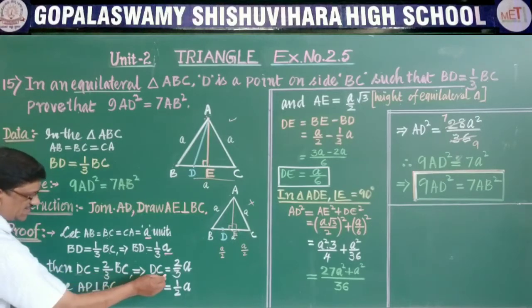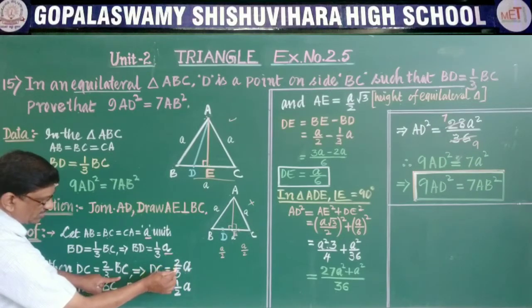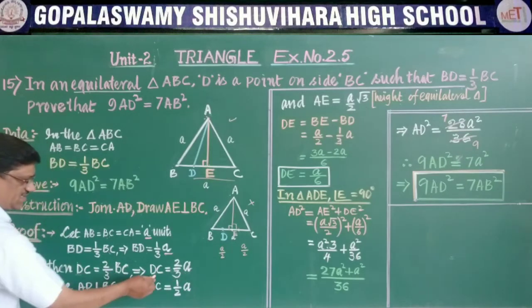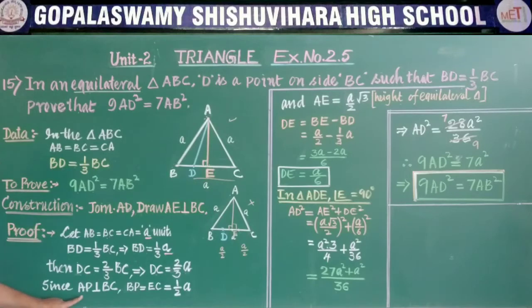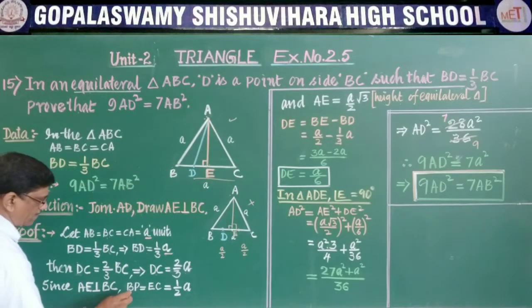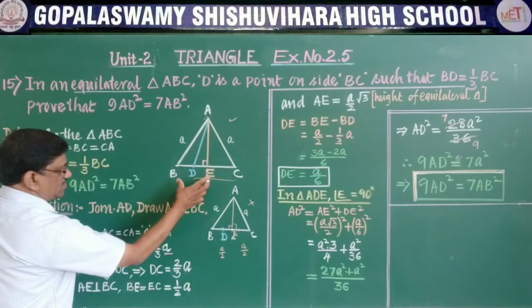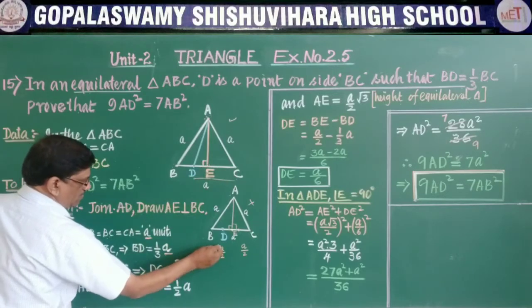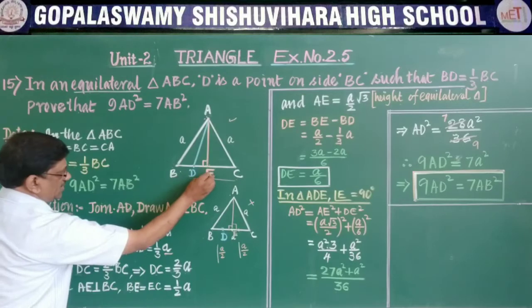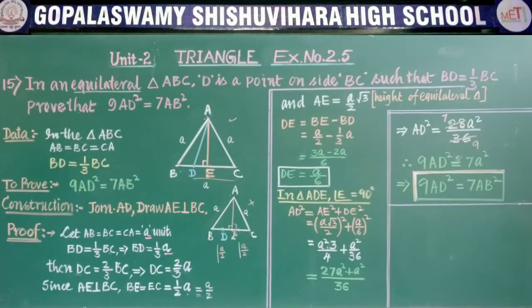This can be written as DC is equal to 2/3 of BC, and BC is A units, so DC is equal to 2/3 of A. Now, since AE is perpendicular to BC, BE is equal to EC because it divides into equal parts, so it is half of A. That is BE is equal to EC is equal to half of A. That means we can also write it as A by 2. Clear, children?